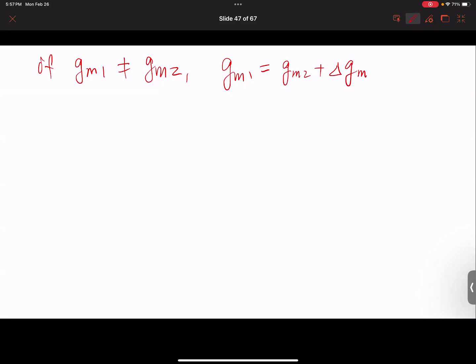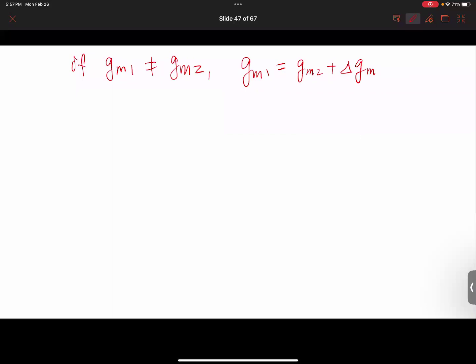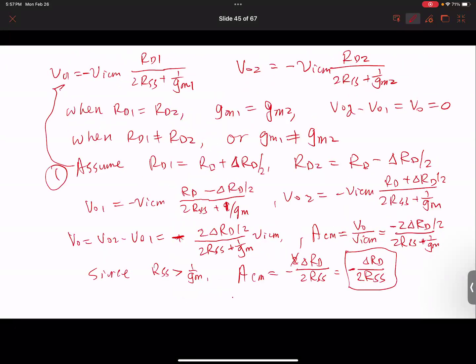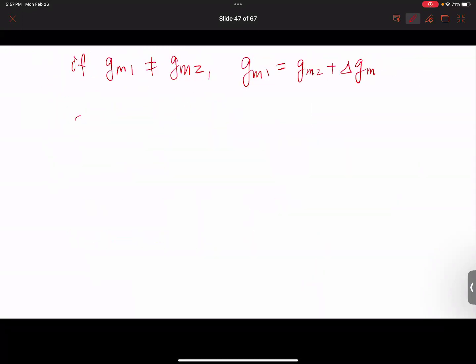Now we're going to go back to the equation that we had. Let me rewrite the equation. We need to write VO1. So VO1 equal to minus VICM times RD over 2 RSS plus 1 over GM.